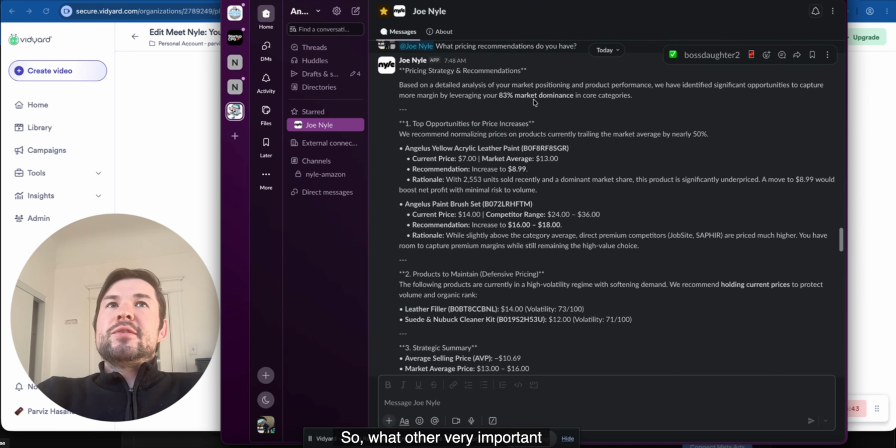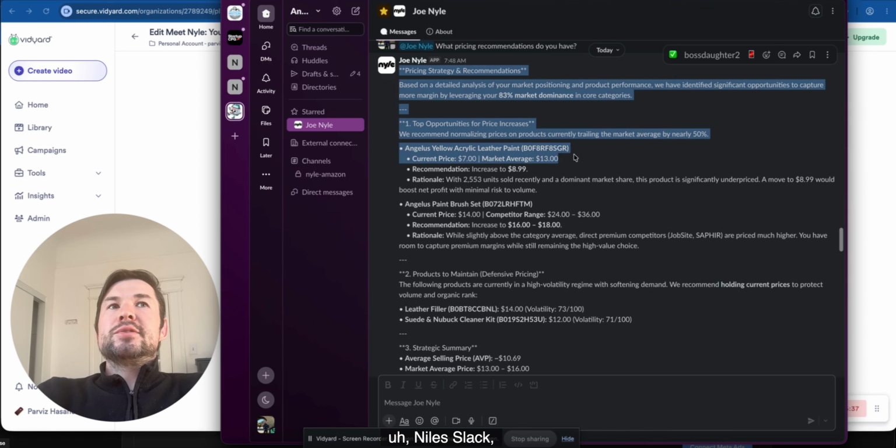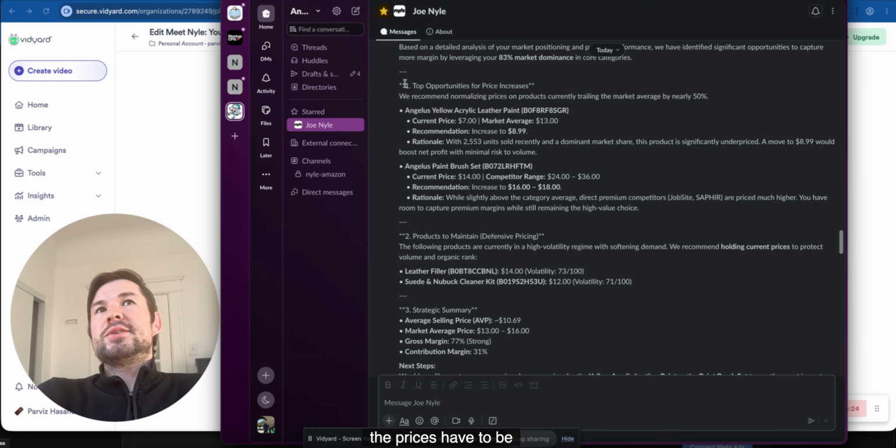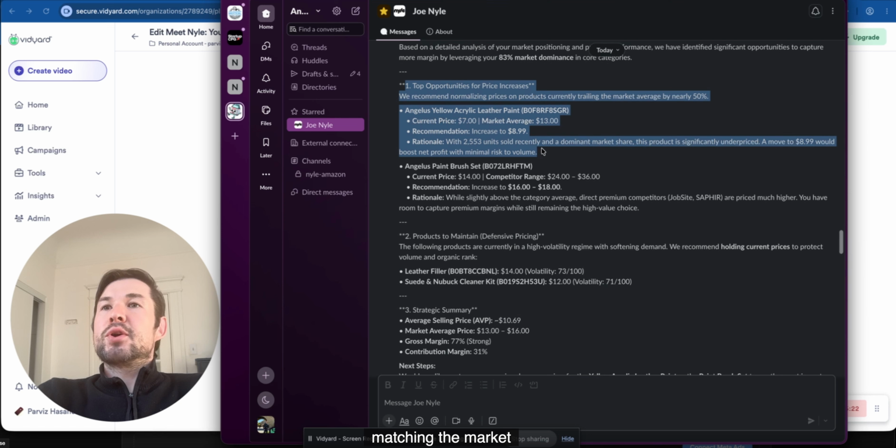Another very important element that you would be optimizing within Nyle's Slack UI is the adjustment of prices. What is very important these days is that the prices have to be matching the market or be at competitive levels. Some of the sellers are overpricing their products, and some are underpricing.